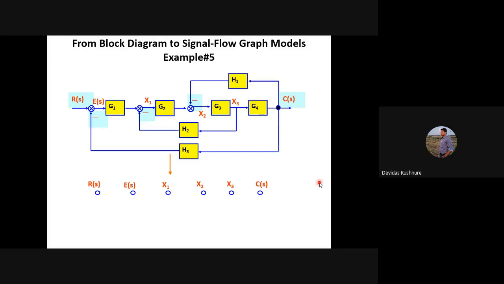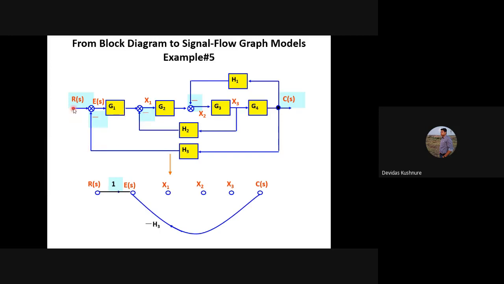Now we have to join the lines by considering the gain of this particular path in that particular direction. Right? So we have to connect R and E of S. So at this particular point, how many signals are there? There are 2 incoming signals and 1 outgoing signal. Right?